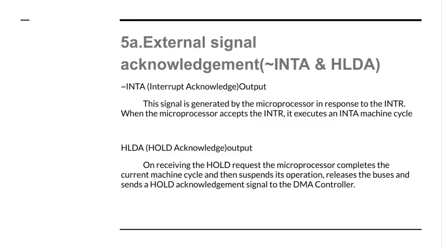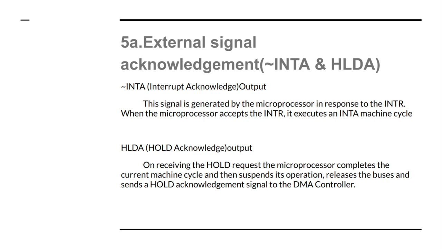Then we have the external signal acknowledgement, INTA bar and HLDA. INTA is the interrupt acknowledgement output. The signal is generated by the microprocessor in response to the INTR. When the microprocessor accepts the INTR, it executes an INTA machine cycle. HLDA, hold acknowledgement.